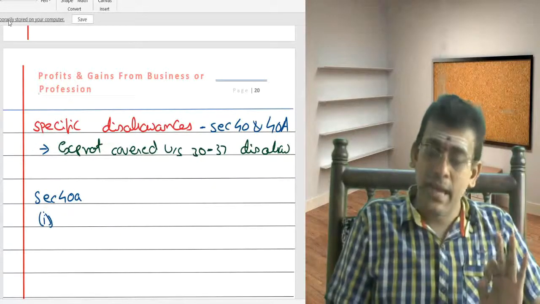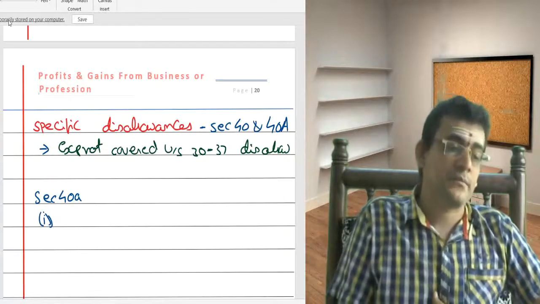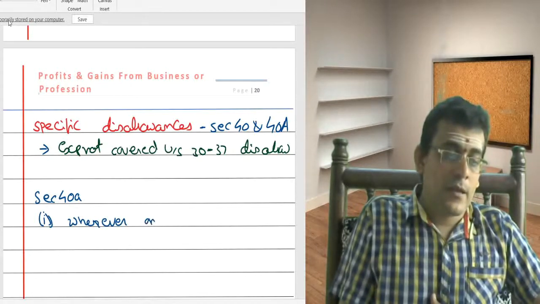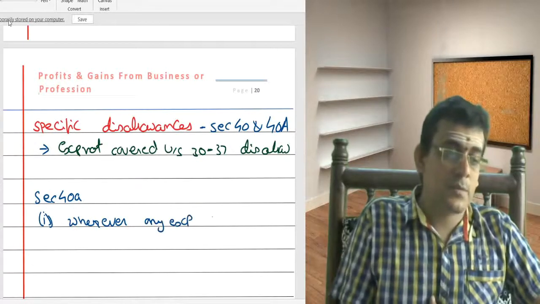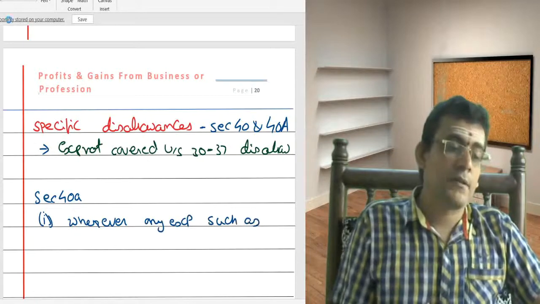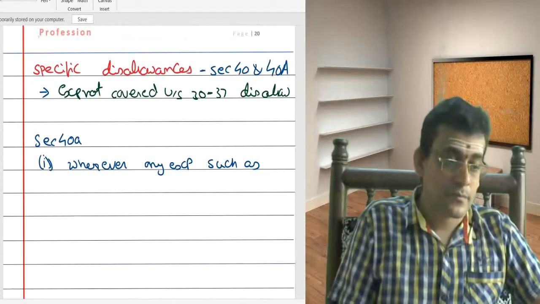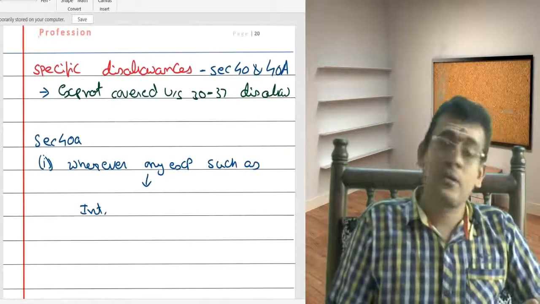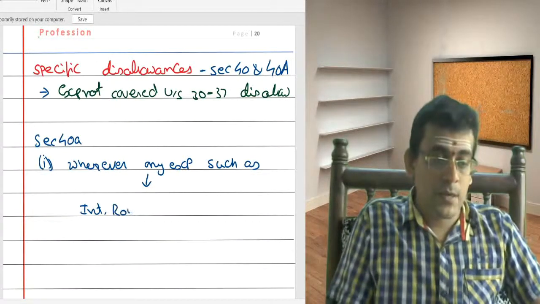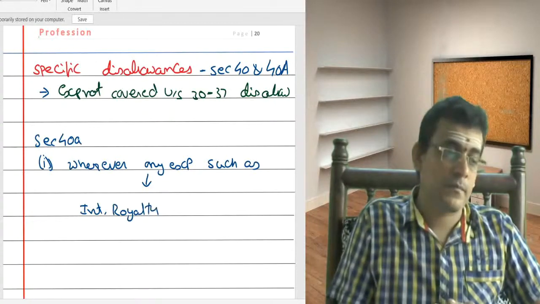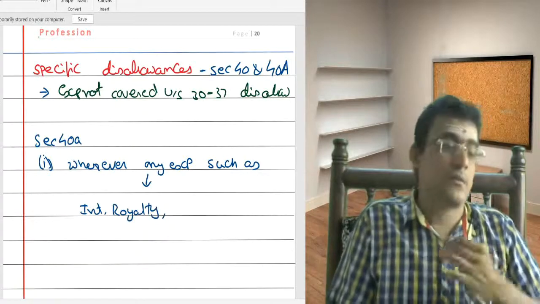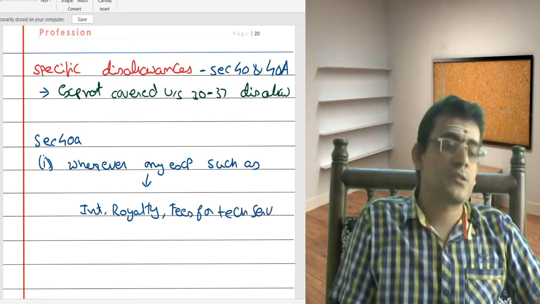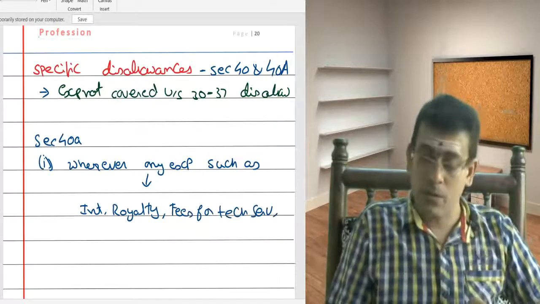So ultimately 40A is telling one thing. Whenever any expenses such as interest, you have taken a loan and for that you are paying some sort of interest, or you are paying some royalty, any sort of royalty paid, or any sort of fees for technical services, that also I have to consider.